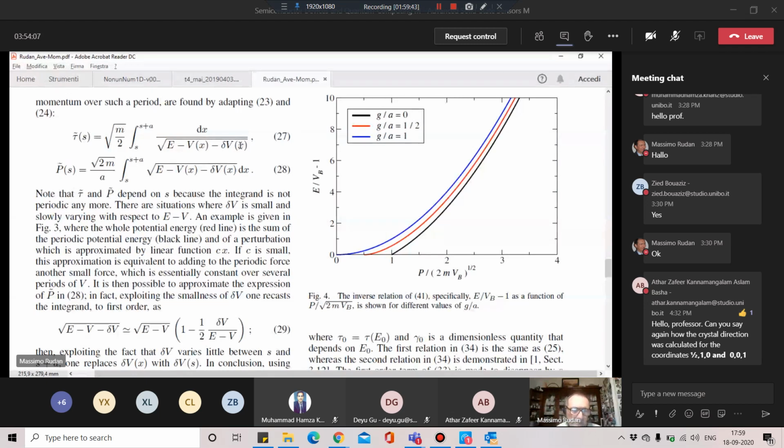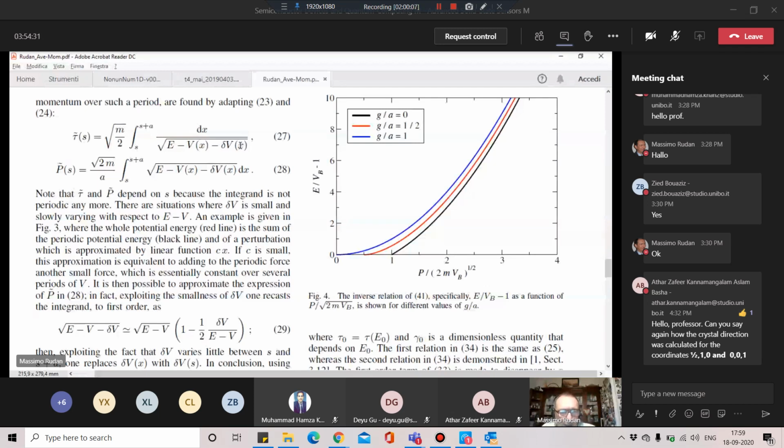Okay. And then we just recalculate the integrals that we had above, okay? But in order to distinguish the case of a really periodic potential energy, where we calculated tau and capital P, here we use different symbols, okay?